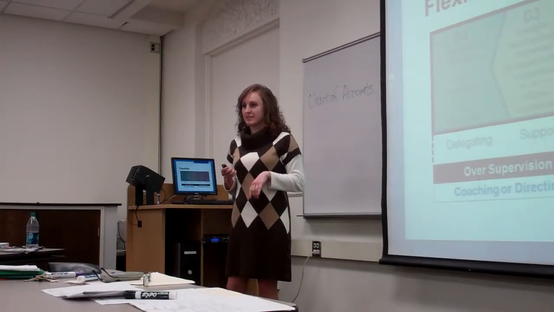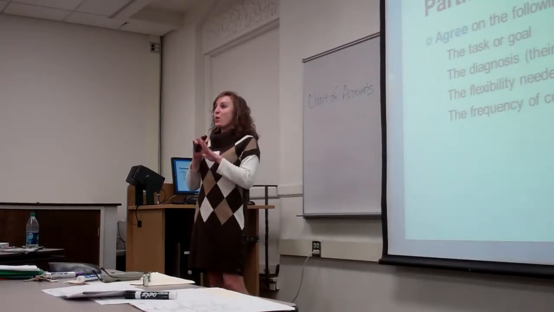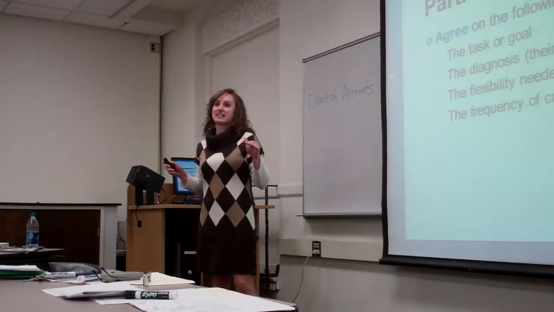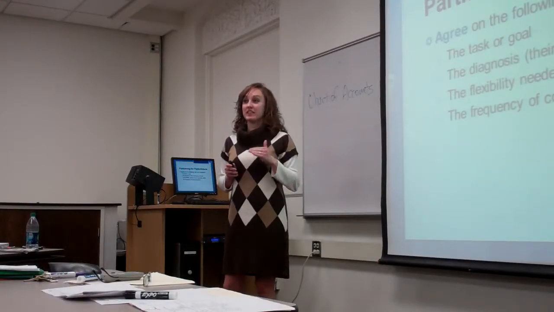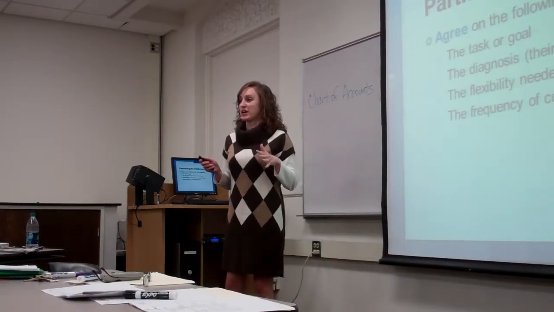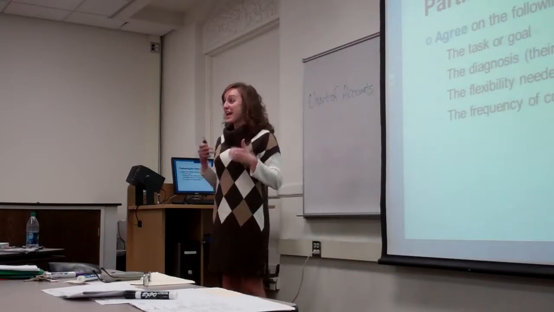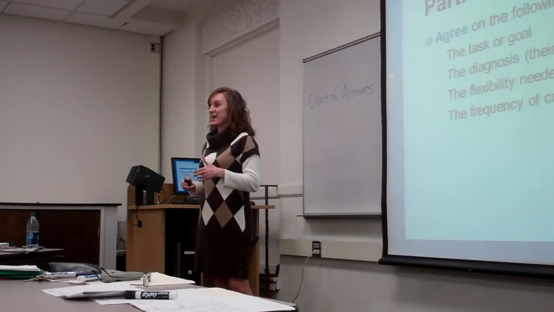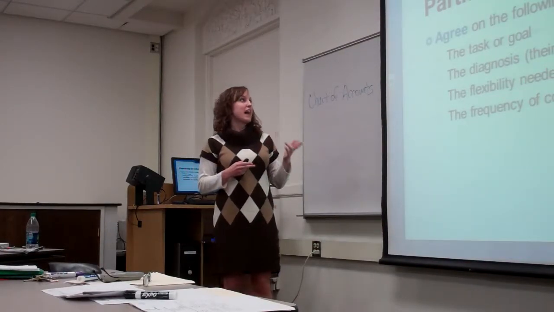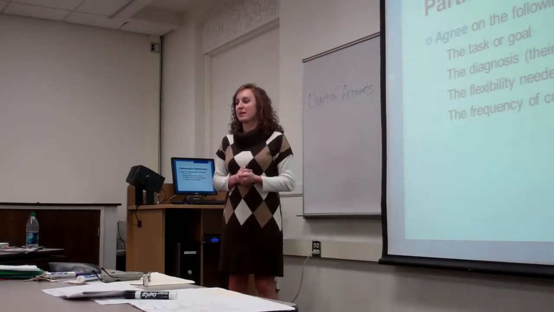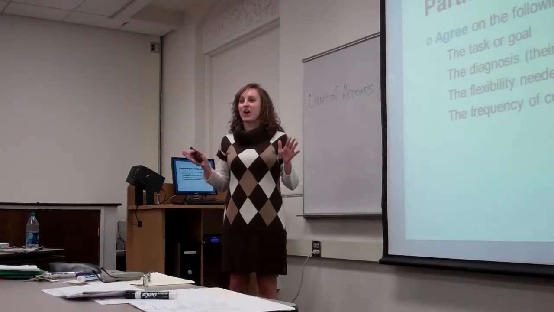All right, so once you've determined what your task is and what the development level of your individual colleague is, and you've modified your leadership style to address the development level, the last step is just partnering for performance. And that's really bringing it all together.